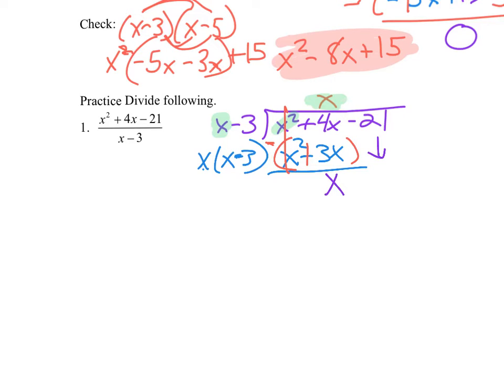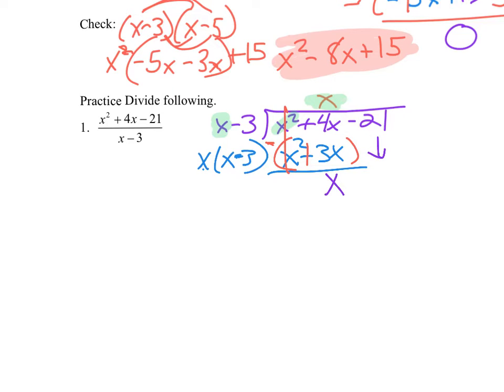All right, now we're going to check this. X minus 3 times x plus 1. And then we add our remainder. So I'm adding a negative 18. Okay, x times x is x squared.